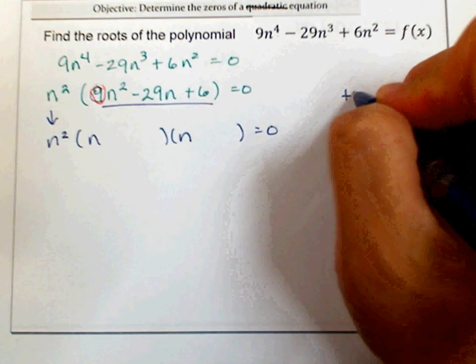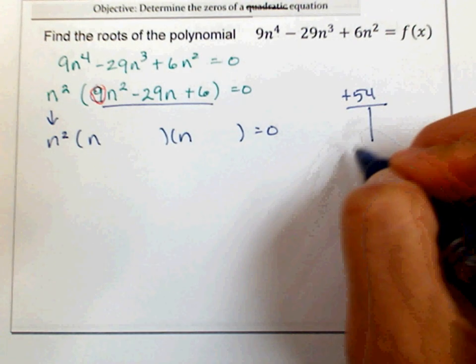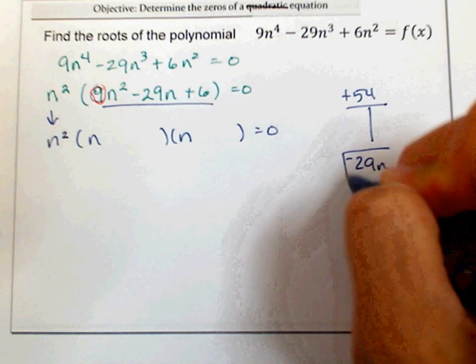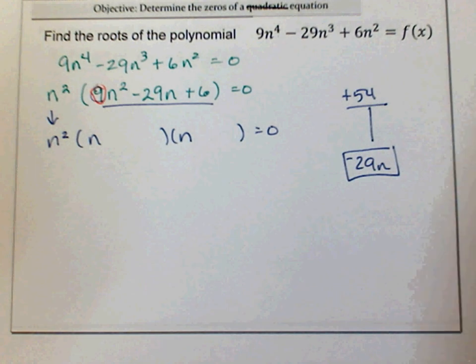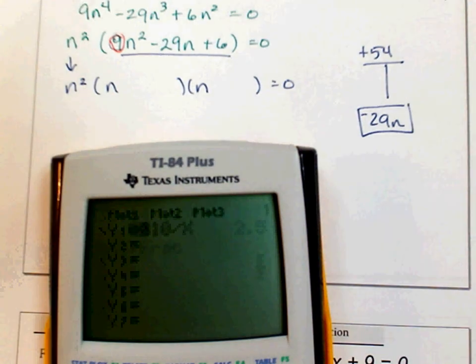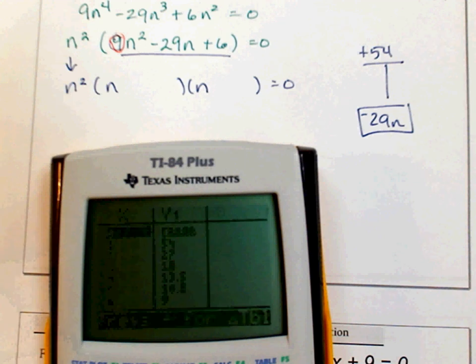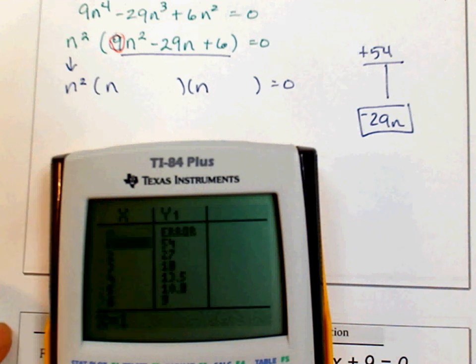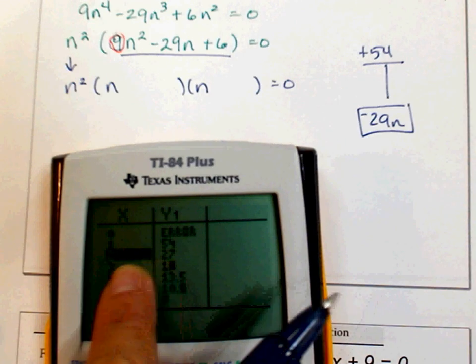I need two numbers that multiply to give you 54 and add to give you 29. If you don't know, go to y equals 54 divided by x. Second table, start at 0. Where do you see two numbers that add to give you 29? 2 and 27. Add. Positive. Plus 2 plus 27.